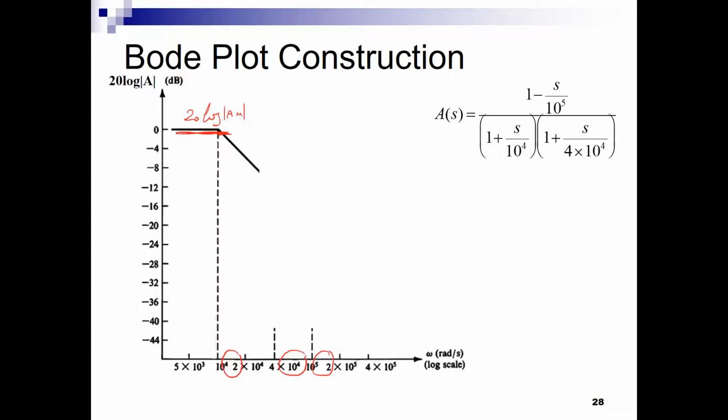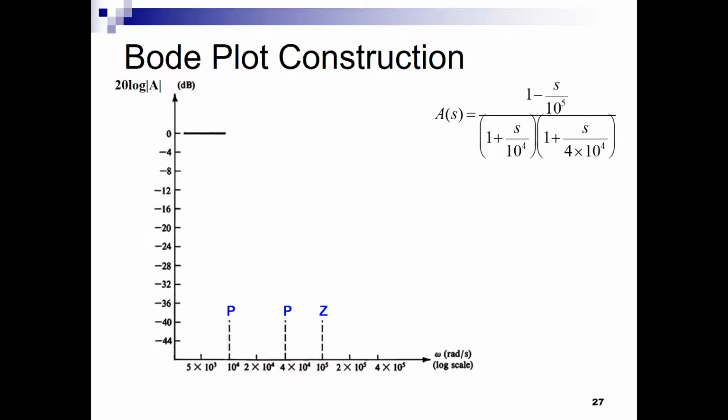Then, after this, he says I hit a pole, right? So when I hit the first pole, what was the slope here? And what should the slope be after? 0 plus 0, what? It should be minus 20. So 0 minus 20 dB per decade.